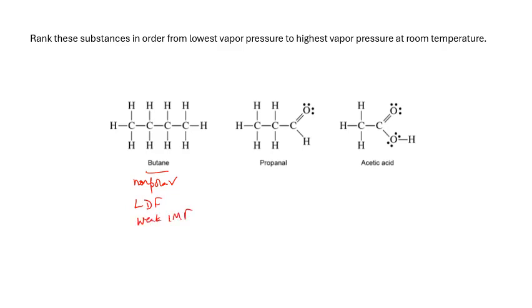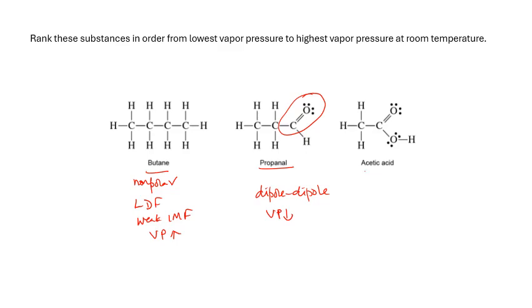Weak IMF means it's easy to break the attraction, so the vapor pressure is going to be high. Then in propanol, I can see a polar bond here, so it will have dipole-dipole interaction, which is stronger than dispersion. So it's going to be a stronger IMF compared to butane, so it will have less vapor pressure compared to butane.